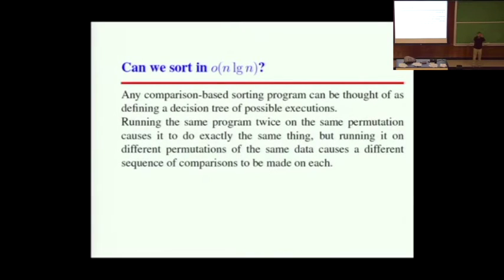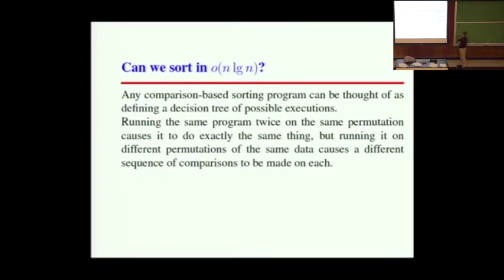Are you bigger than the pivot or less than the pivot? What did insertion sort say? Are you bigger than the guy that's before you or not? So all that's driving it is how many pairs of elements we are testing to see which one is bigger. I'm now going to give you an argument as to why there cannot be a faster algorithm than n log n in the worst case for these kinds of algorithms.